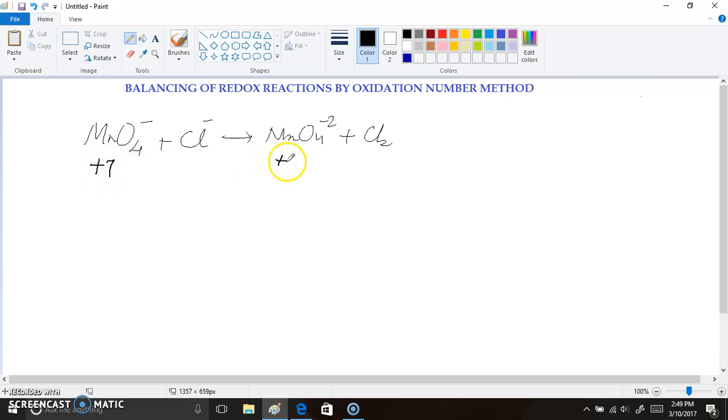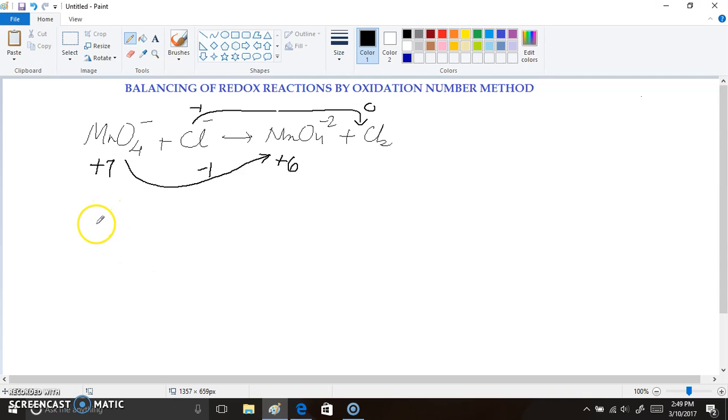In this case the oxidation state of manganese is plus 6. So what is the change in the oxidation state? Minus 1. Good. Here chloride is changed to chlorine. The oxidation state is from minus 1 to 0. If you notice this change, the rest of the things will be easy.